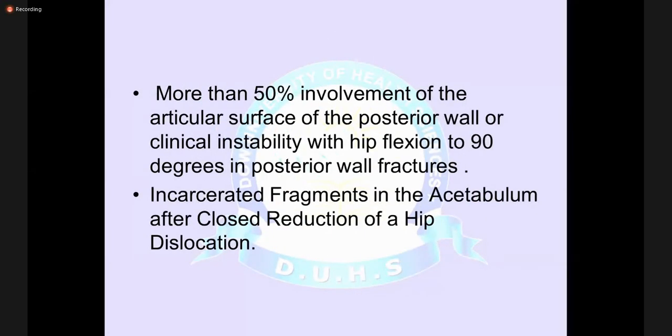If there are fragments in the acetabulum after closed reduction of a hip dislocation, if there is a concomitant fracture of the acetabulum associated with small fragments within the joint, it is also an indication for open reduction and internal fixation of the acetabular fractures.